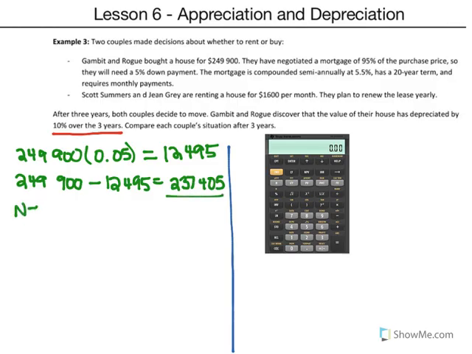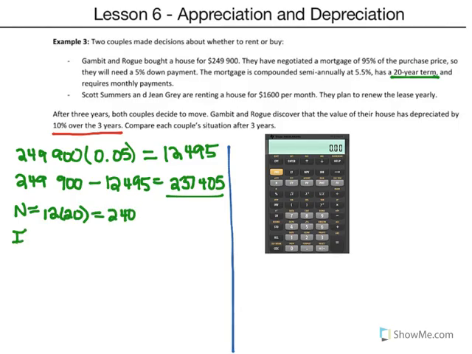So we're going to use our financial calculator to figure out how much the payments are going to be per month. When we're figuring out the payments per month, the mortgage is over 20 years. Just because they're doing it for 3 years doesn't mean that the mortgage payments would be any different. So 12 times 20 is 240.